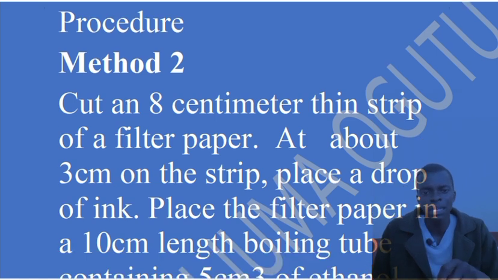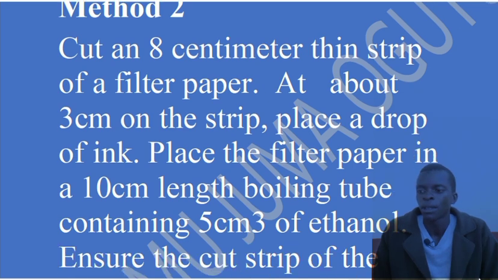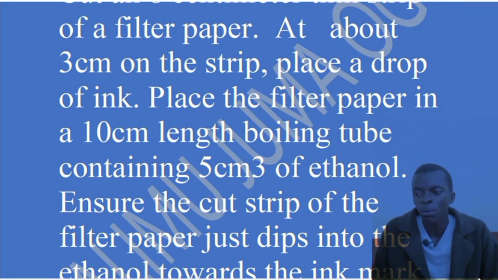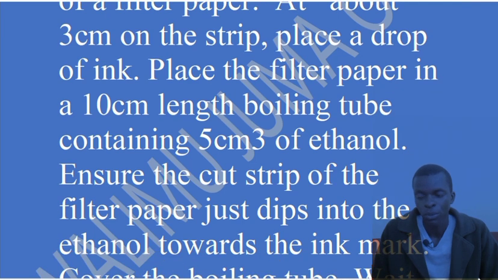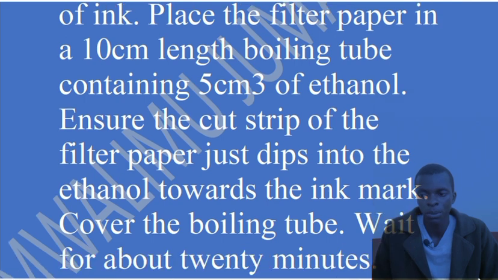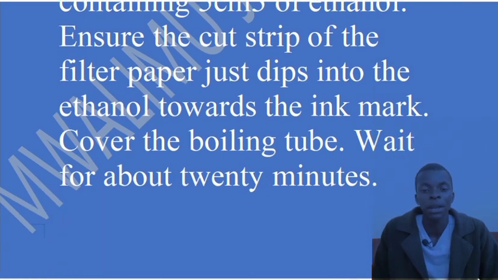Once we place the ink, we wait for it to spread out on the filter paper. Then, using a clean teat pipette or dropper, we add 1 drop of ethanol or propanol. Remember we said that we are using either ethanol or propanol. So we wait about 1 minute for the ink drop to spread further.